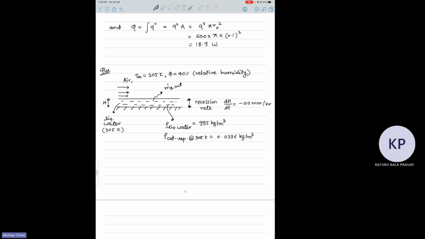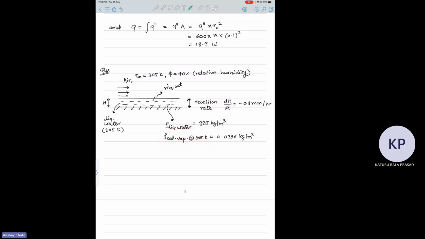What is happening is there is a water layer on top of a solid surface, something like we observe most of the times. Air is flowing on top of it at this temperature and relative humidity, and because of that, water is getting evaporated, and the rate of evaporation is this much, and some densities and all are given.